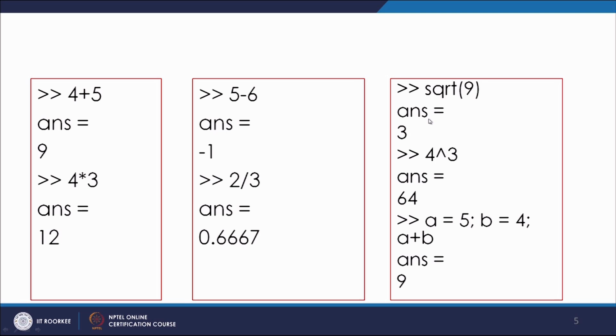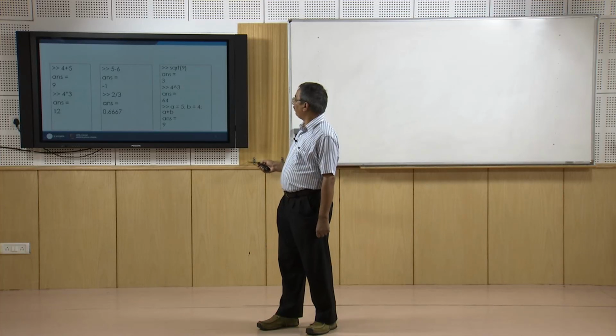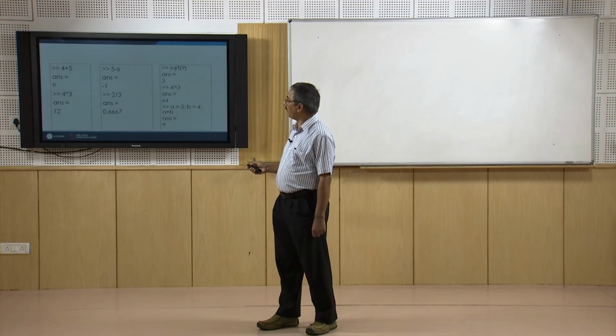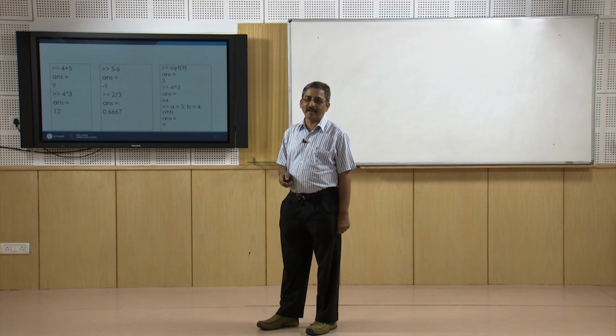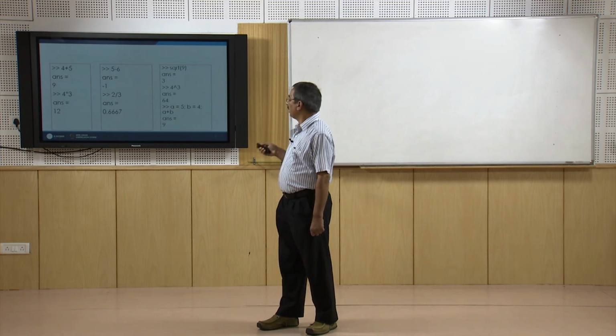So, you can evaluate, say, 4 power 3 is 64, or some simple algebraic evaluation can also be done. For example, if I define a is equal to 5 and b is equal to 4, a plus b will return 9. So, this way, using the command prompt of Matlab, we can do simple calculations.